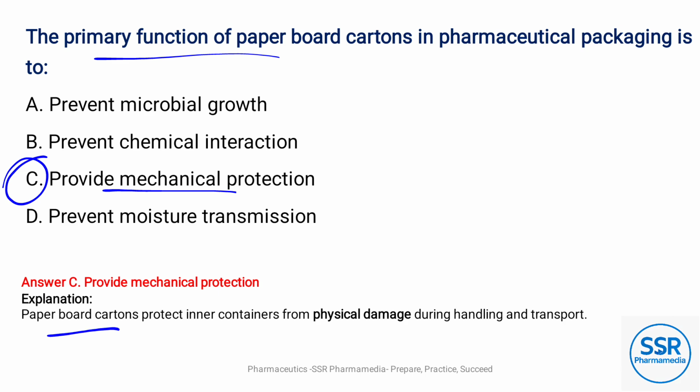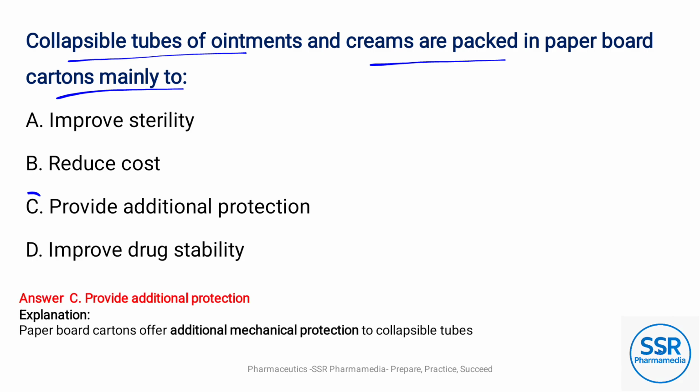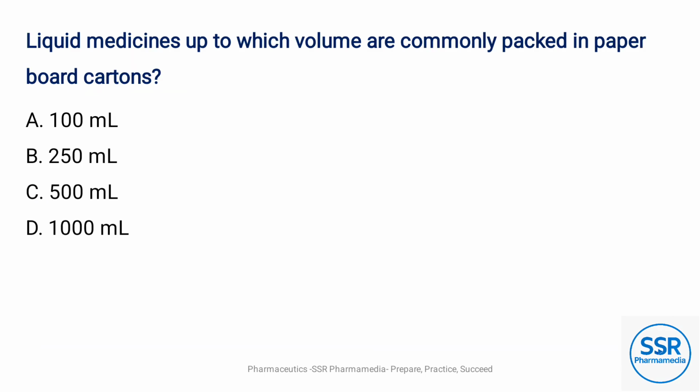They protect inner containers from physical damage during handling and transport. Collapsible tubes of ointments and creams are packed in paper board cartons mainly to, option C, provide additional protection. Paperboard cartons offer additional mechanical protection to collapsible tubes.